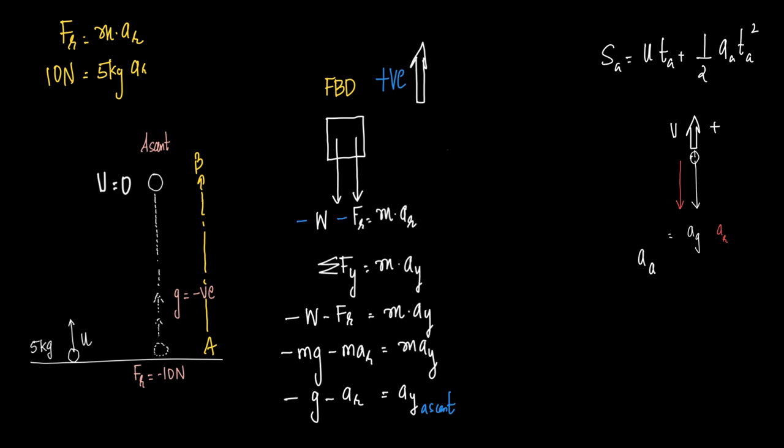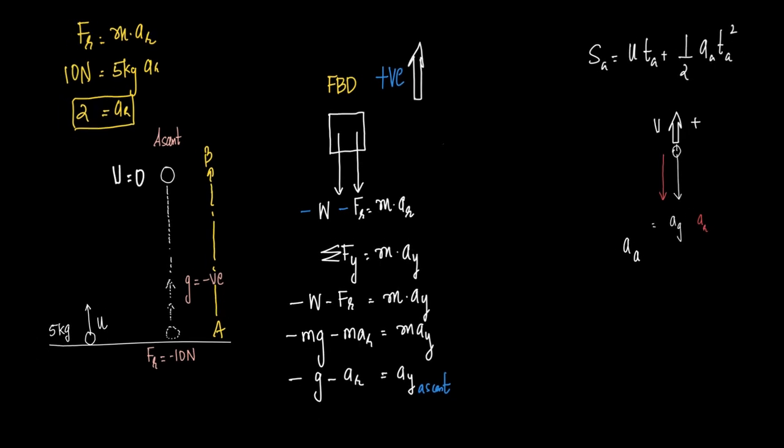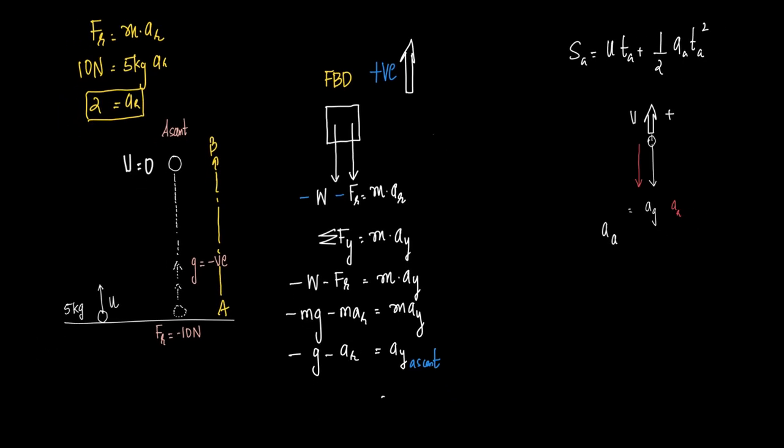Therefore, what is ar? ar is 10 by 5, which is 2 meter per second square. In which case, what is the acceleration in the y direction during the ascent? Acceleration in the y direction during the ascent is equal to minus g, which is minus 10, minus ar, which is 2, so minus 12. Therefore, minus 12 is equal to ay during ascent.